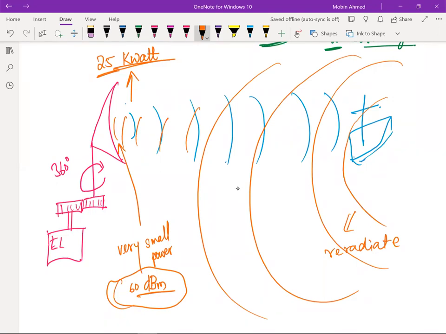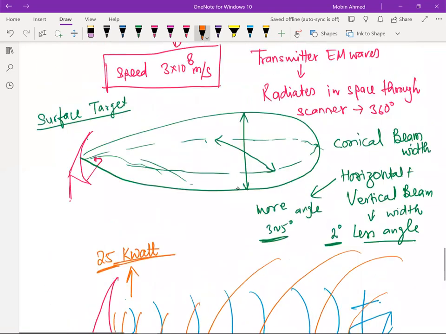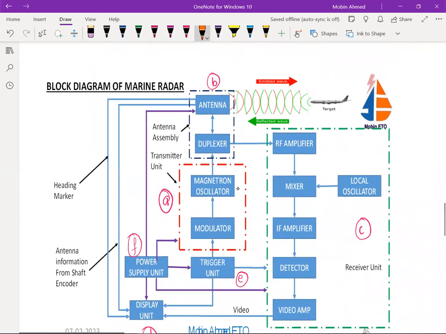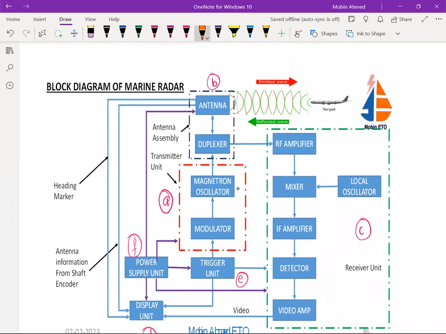So this is going to enter through the antenna and go to the receiver. The transmitter is a high power, high frequency transmitter. When it receives, a very, very small power comes here, so that power has to be amplified. The received power is known as an echo.